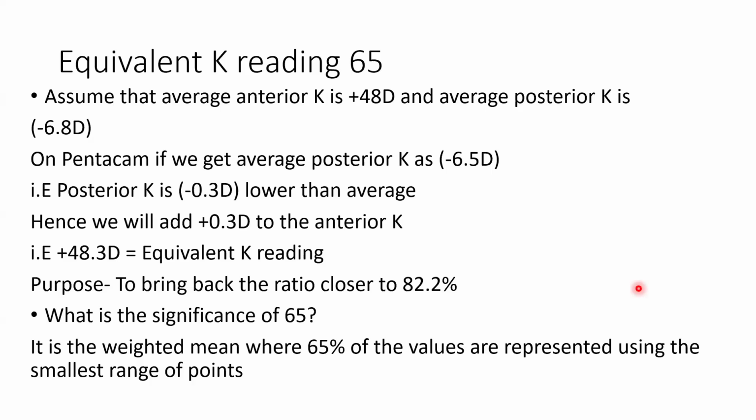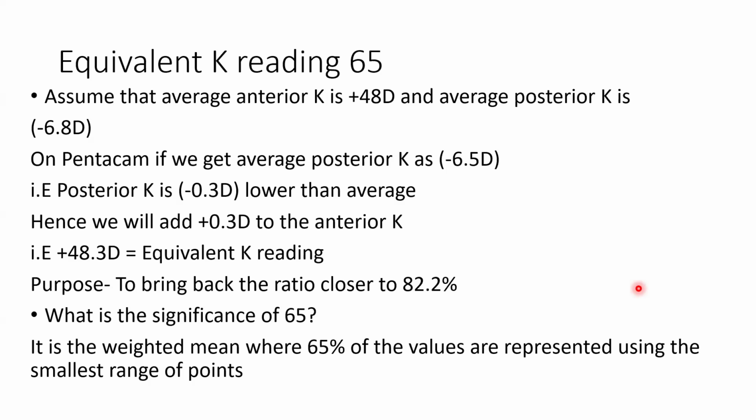So what is the equivalent K reading 65? If we assume that the average anterior cornea is plus 48 diopters and an average posterior cornea is minus 6.8 diopters, on the Pentacam, if we get an average posterior K as minus 6.5 diopters, that is, the posterior cornea in that case is 0.3 diopters lower than the average.